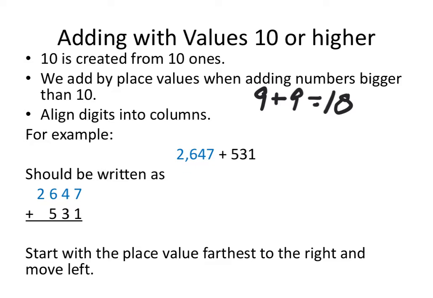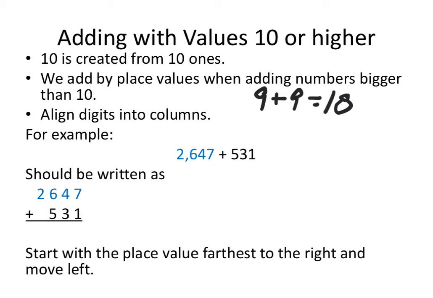I'm going to align all those place values with the number I'm adding. So the 531, 5 is in the hundreds, 3 is in the tens, and the 1 in the ones. So you can see we've lined those up, right? 6 and 5 in the hundreds, 4 and 3 in the tens, 7 and 1 in the ones.